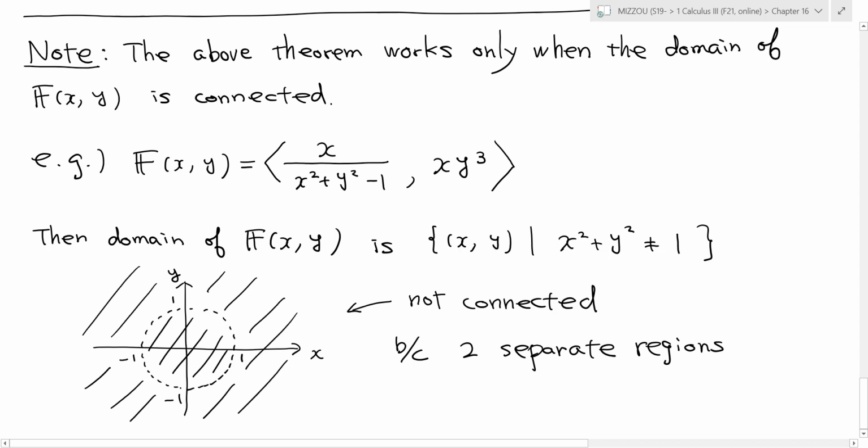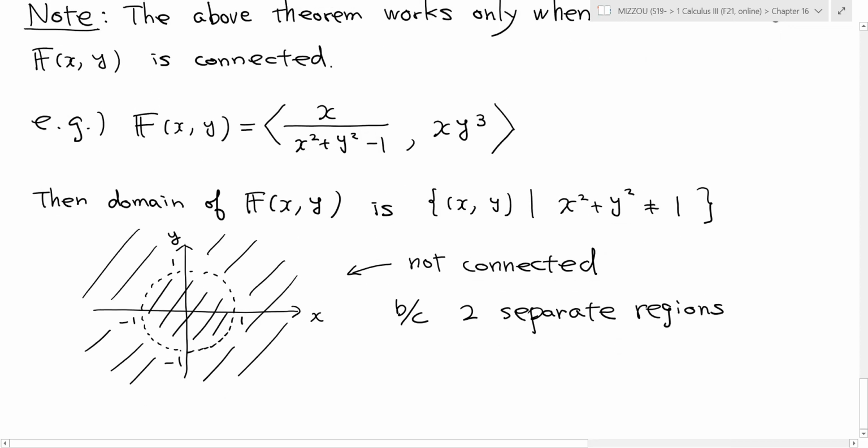So this kind of domain is called not connected, actually disconnected. But in order for the theorem to work, the domain has to be connected. So that means in order to check if this vector field is conservative or not, the above theorem doesn't actually work.